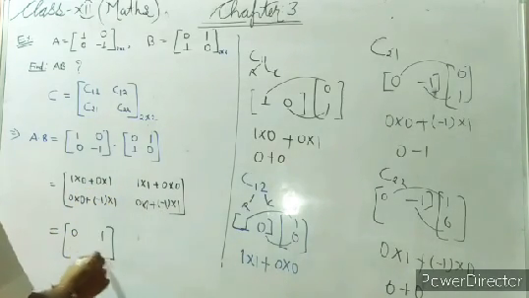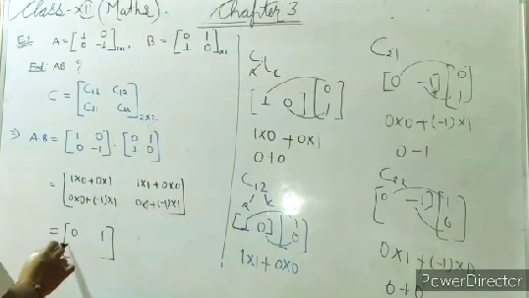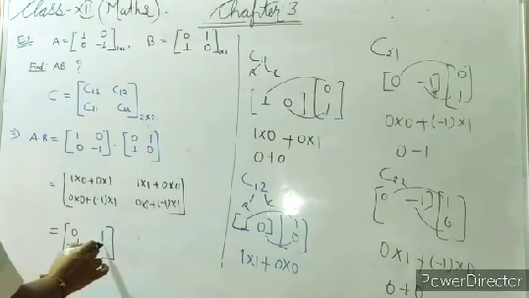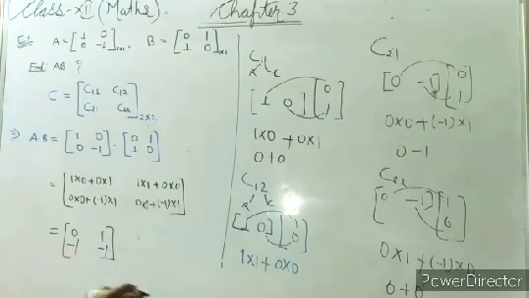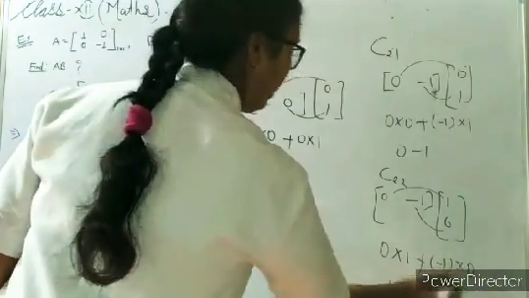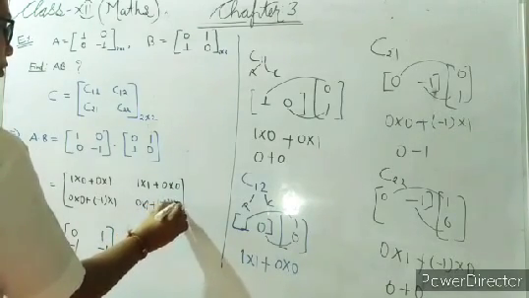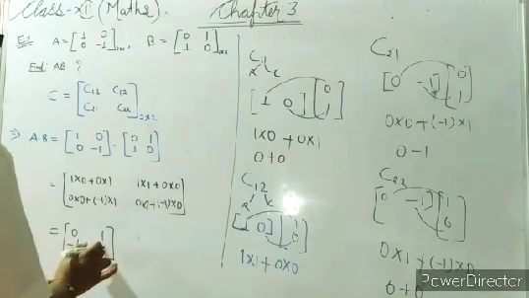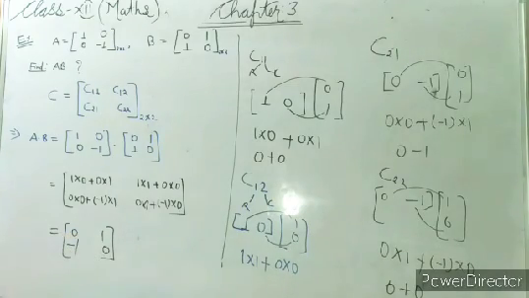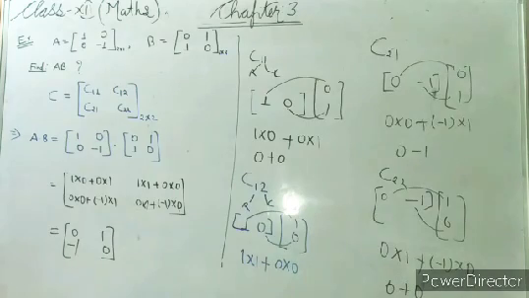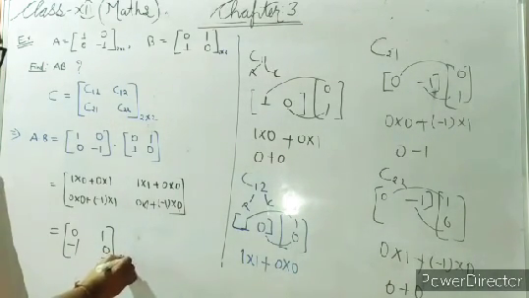Here 1. Okay. And here also minus 1. Like that you will solve here. So the answer is 0, 1, minus 1, 0. It is also 2 by 2.